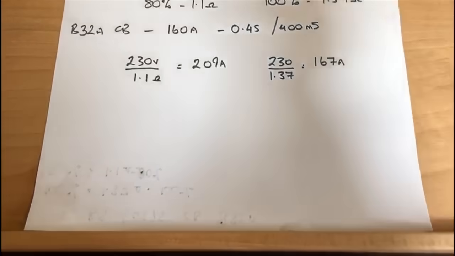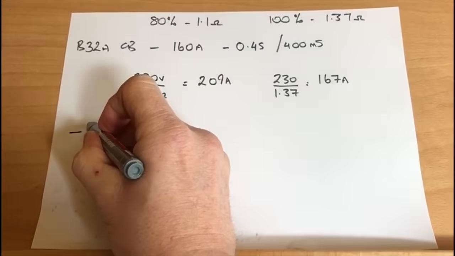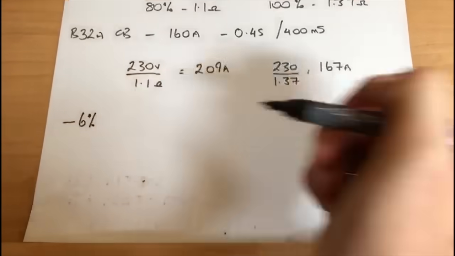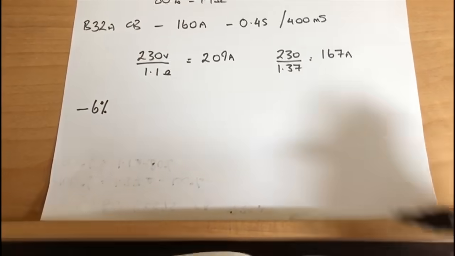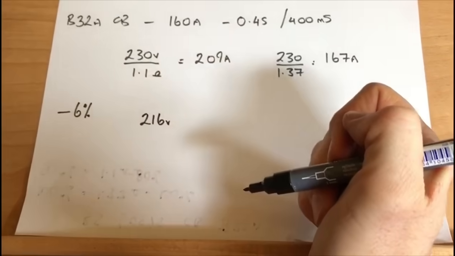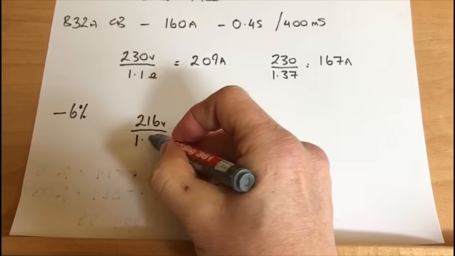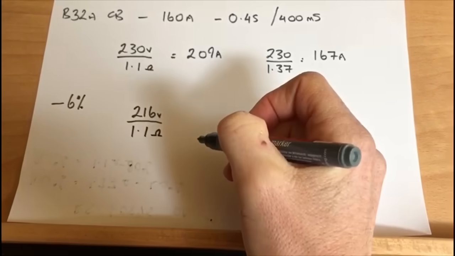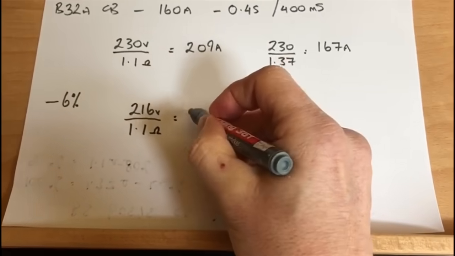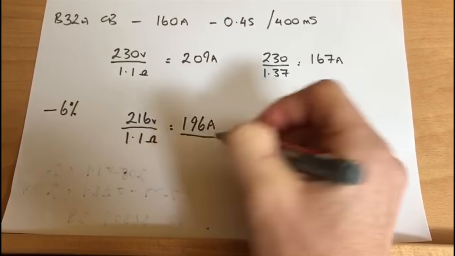However, let's consider we're going to go down to that -6% value of nominal voltage, which is roughly around 216 volts. So if we were to go to 216 volts, divide that by the 1.1 ohms, then we'll still achieve approximately 196 amps of fault current.